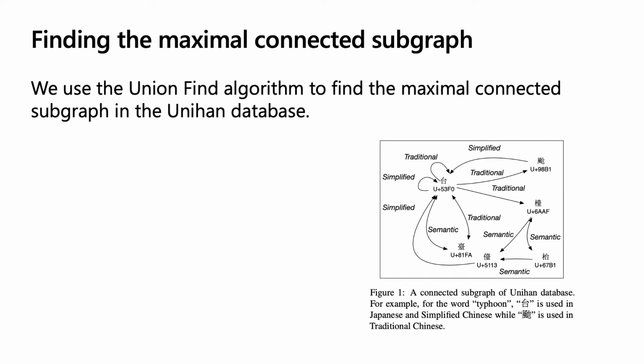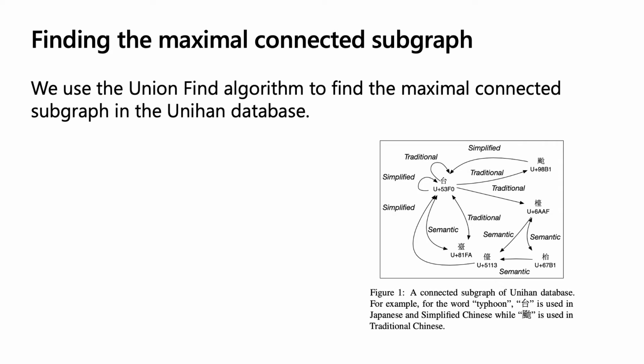We use the Unihan Find algorithm to find the maximal connected subgraph in the Unihan database, and we show an example on the right. So it is a connected subgraph of the Unihan database.